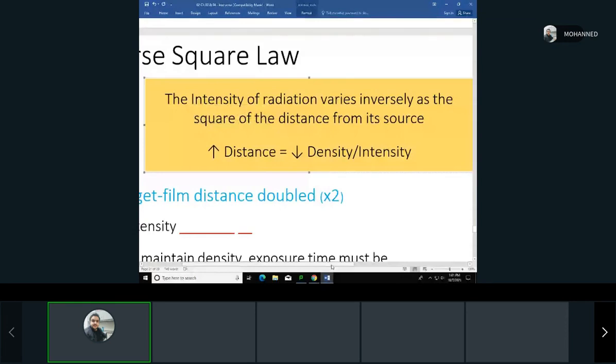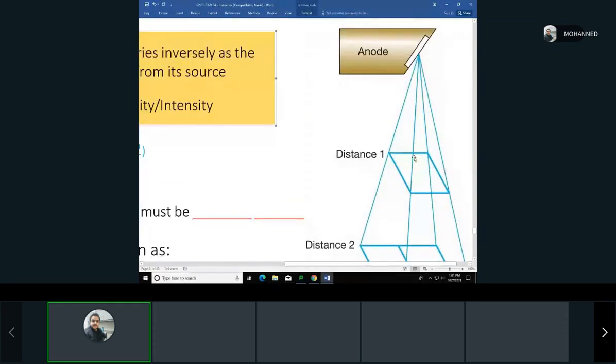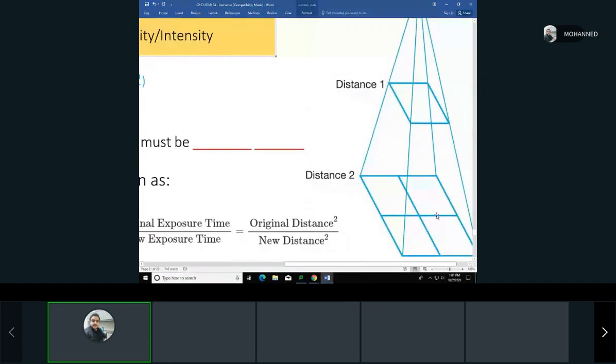So when you look at this picture here, we have the film, and for example the patient is here. If we double the distance, the intensity will be lowered by 4, not by 2. So it's the square of it. Does that make sense? Okay.